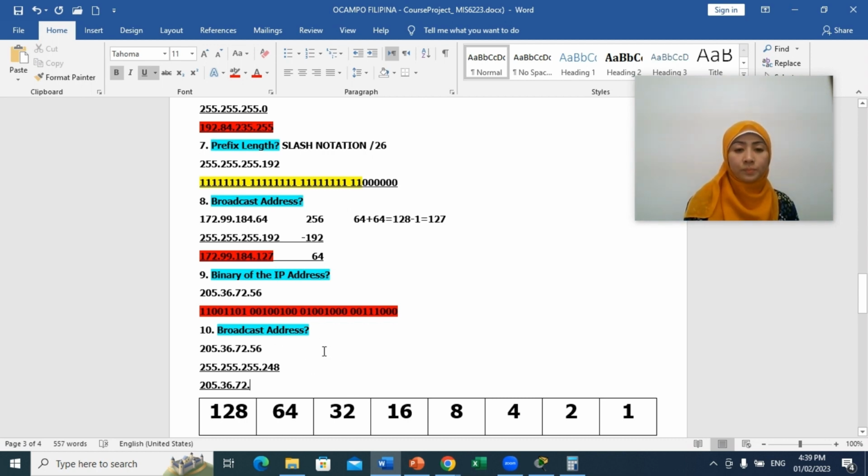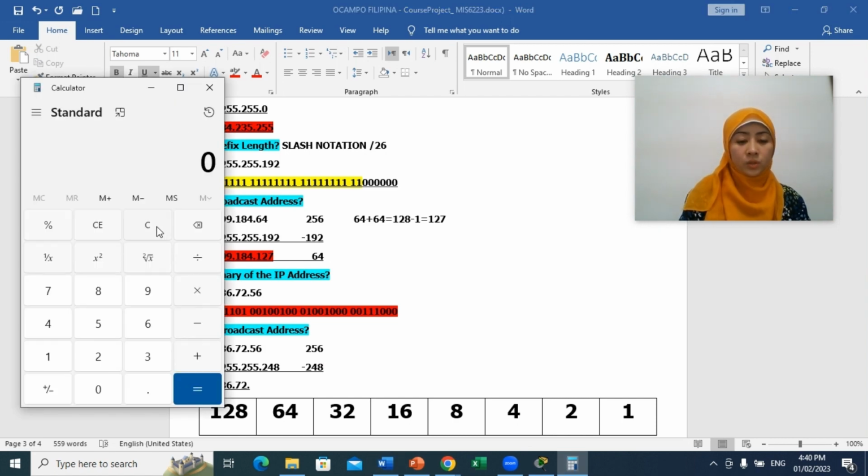So to do that, we will subtract 256 minus 248. 8. So it's 8.